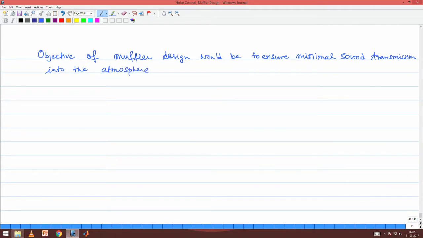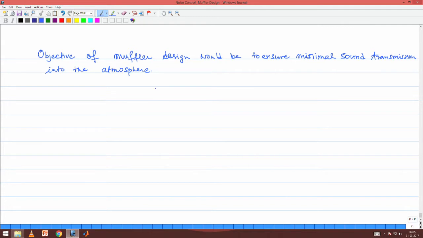The audible sound which escapes from the tailpipe should be minimal. That is the objective. In the earlier classes we looked at transmission loss, but here we will see that the transmission loss possibly does not capture this idea correctly. Okay. So, let us look at it in a little more detail.